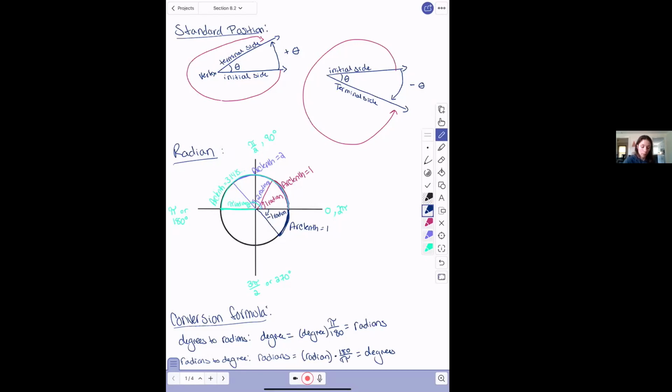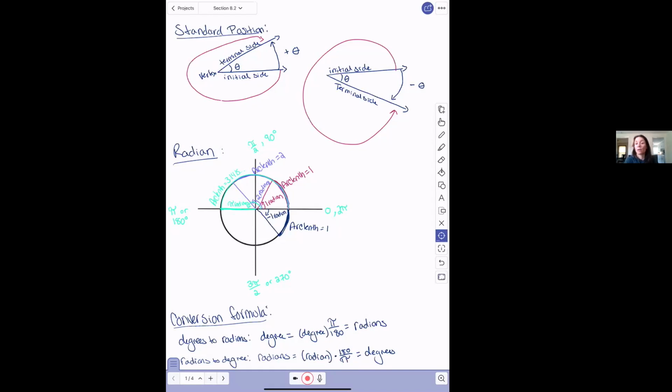A way you can remember this is radians usually are associated with a pi value, right? Like 2 pi, pi over 2 is in radian measure, pi, 3 pi over 2 is in radian measure. So when we want to go to degrees, we want to cancel out that pi, so that's why we divide by pi. Similarly, if we have degrees and we want to get to radians, we have to multiply that pi in.